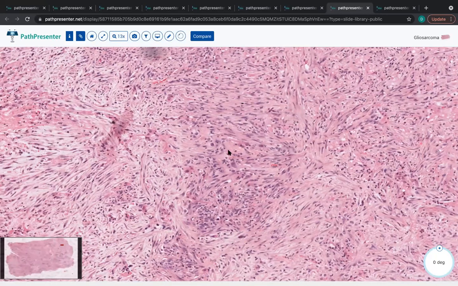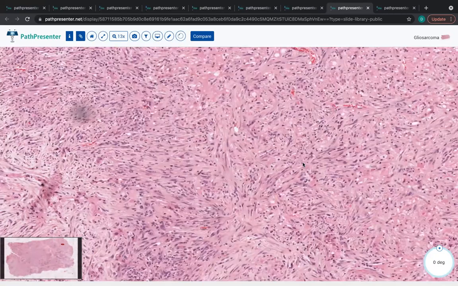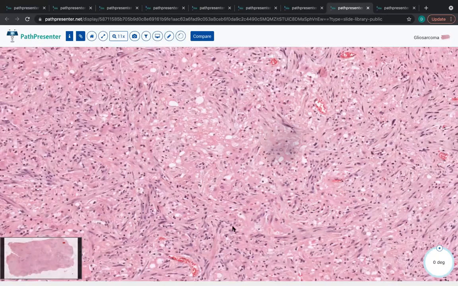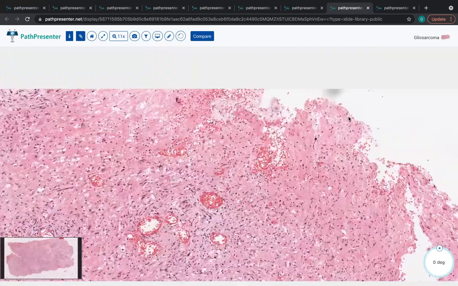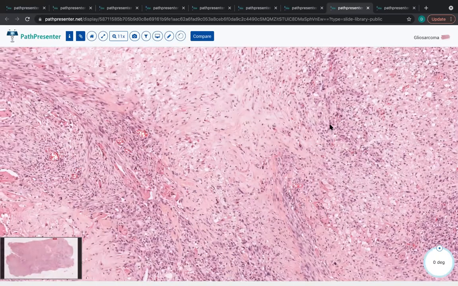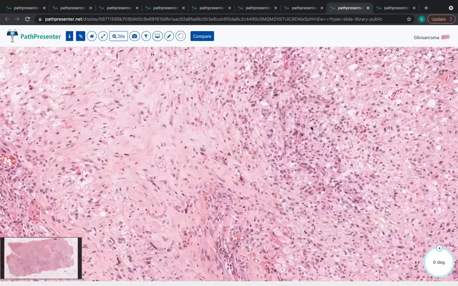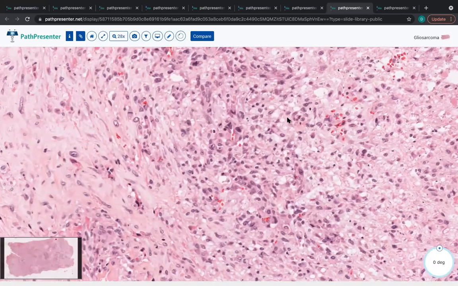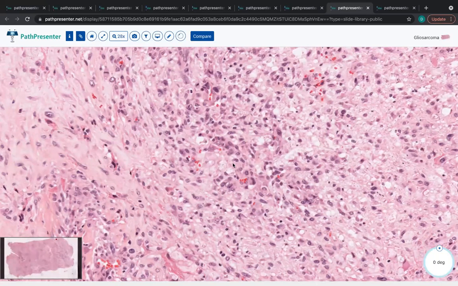Would you please show the glial component and how different does it look from GBM? Yes, I've been trying to cruise around and find those. They can be extremely focal or more common than not. Here's probably a region that I would expect to have fairly robust retention of glial markers.